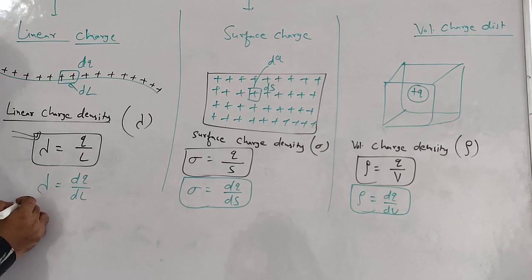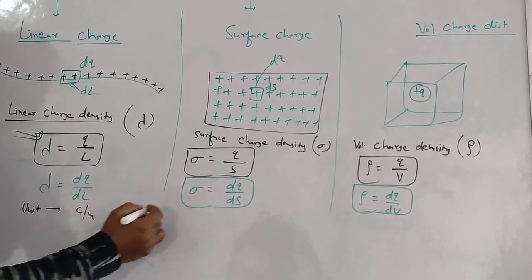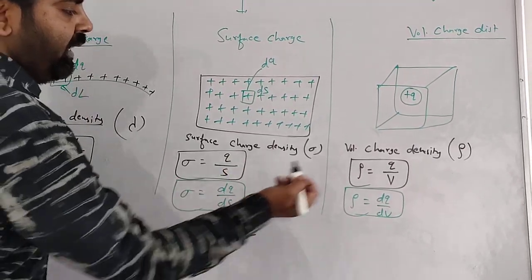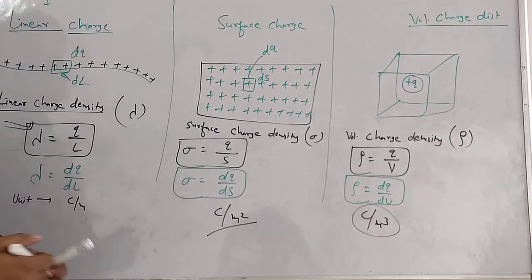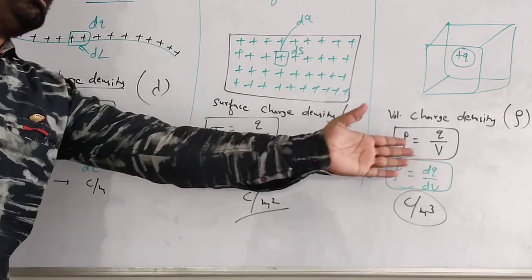Then we discuss their units. The unit is coulomb per meter, coulomb per meter square, and coulomb per meter cube. So these are the linear charge density, surface charge density, and volume charge density.